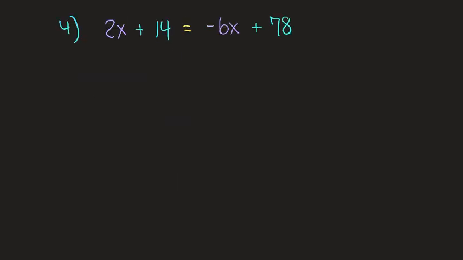Question 4: 2x plus 14 equals negative 6x plus 78. Do the first song, and then let's check to see that you're on the right track.